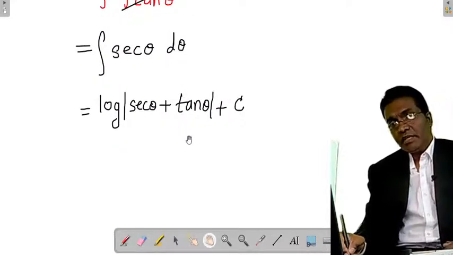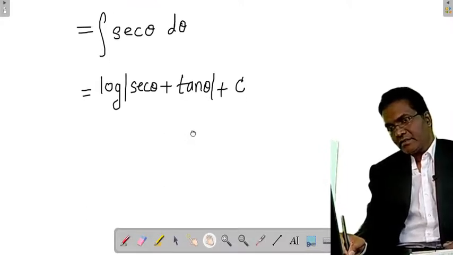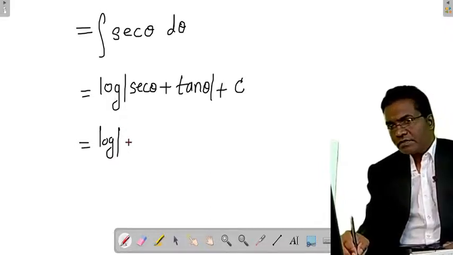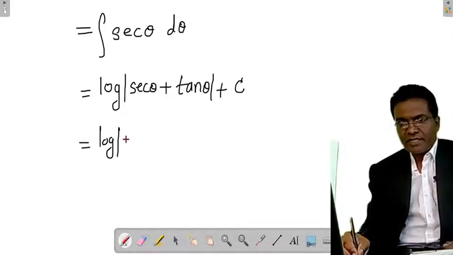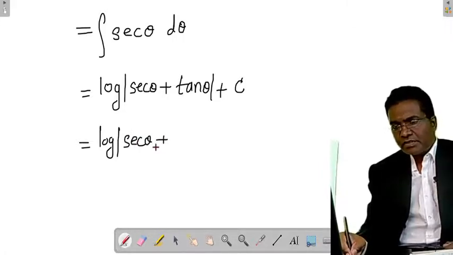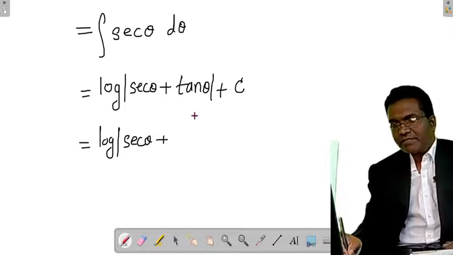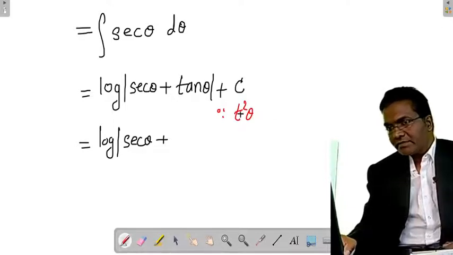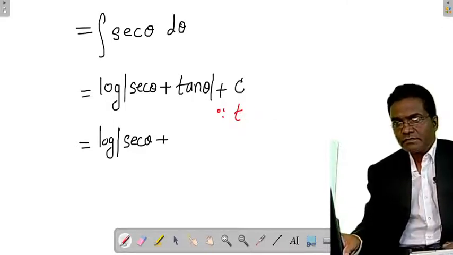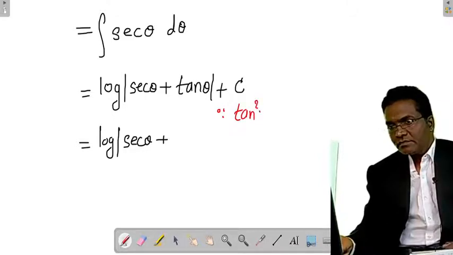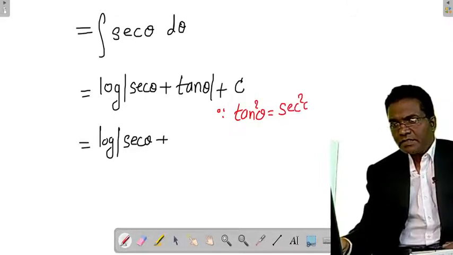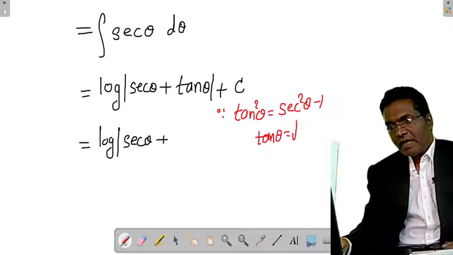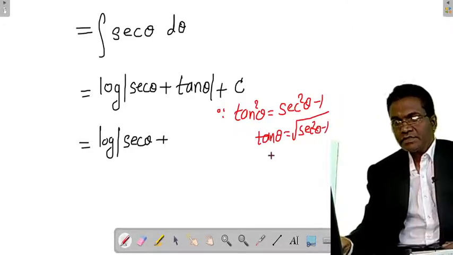Now you need to convert it in terms of x. Okay, so log of sec as it is, because we have replaced x as sec, so keep sec as it is, and tan in terms of sec, you know this, tan square theta is secant square theta minus 1, whereas tan means square root of sec square theta minus 1.